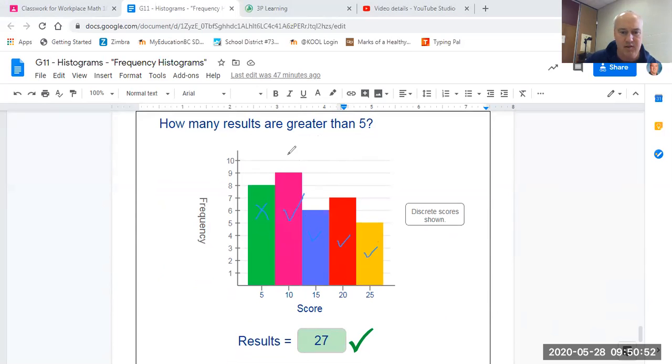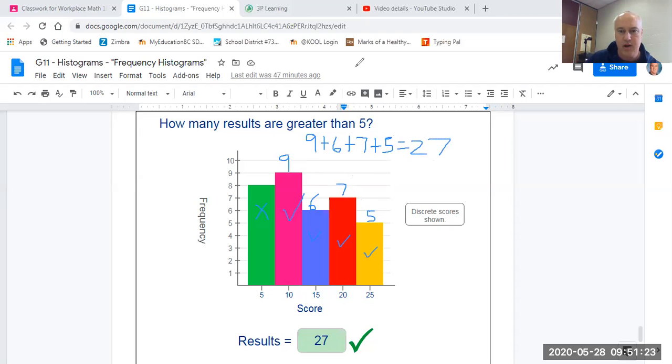So when we look at this, there are 9 occurrences of this, there are 6 occurrences of this, there are 7 occurrences of this, and there are 5 occurrences of this. So what we have to do is add up all 4 of those occurrence values. So 9 plus 6 plus 7 plus 5. Now obviously that's not easy to do in our head, but I will give you a little hint. It is in fact 27, and that's why that value is correct here.